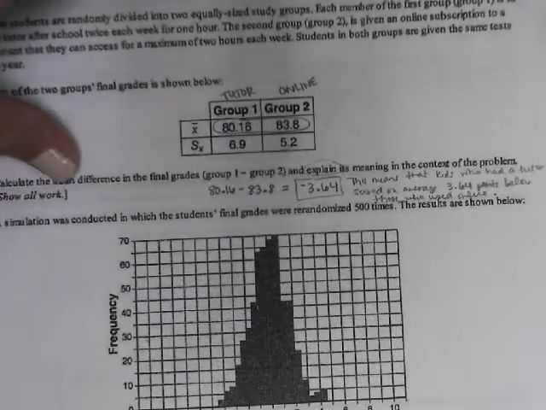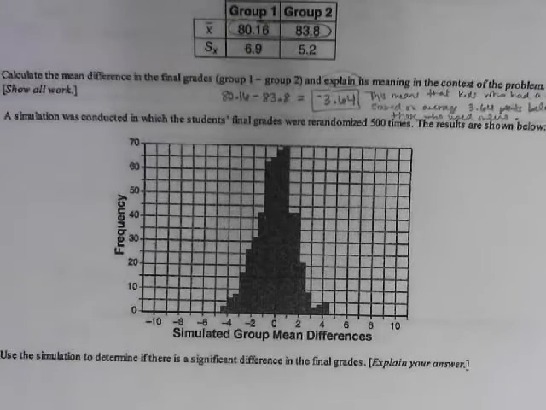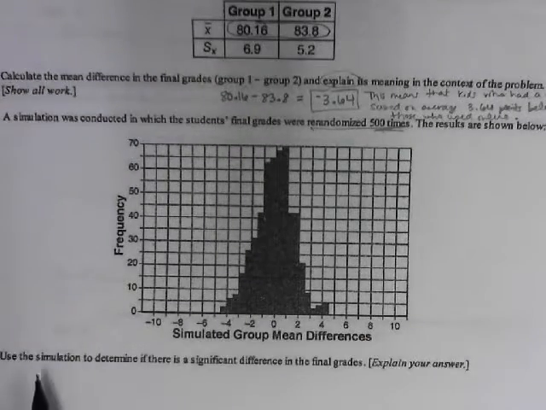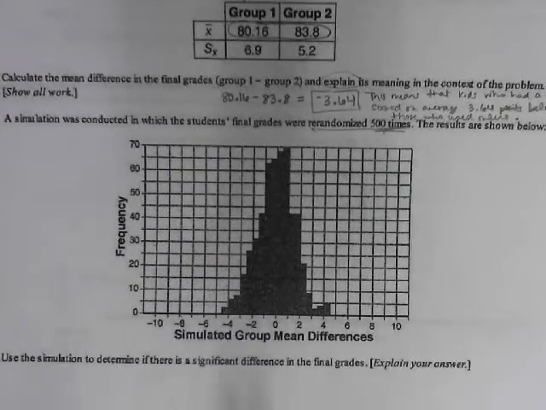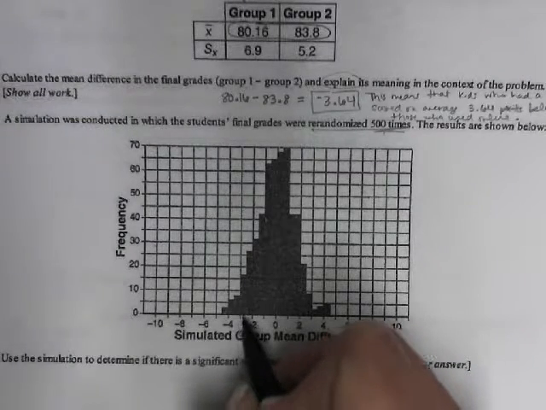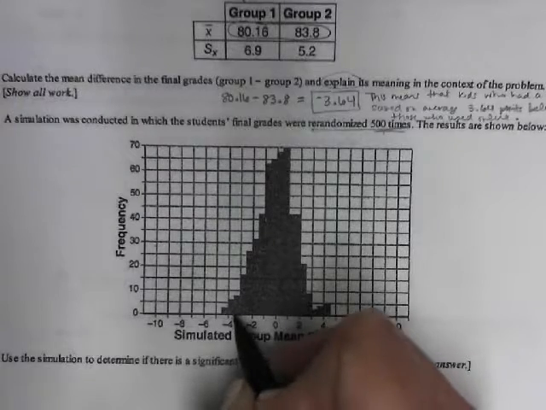Okay, and then here we are to our simulation. It's 500 times, so we've got to know that there are 500 outputs. Use the simulation to determine if there is a significant difference in the final grades. Our negative 3.64, here's negative 3, so our negative 3.5 is right there.